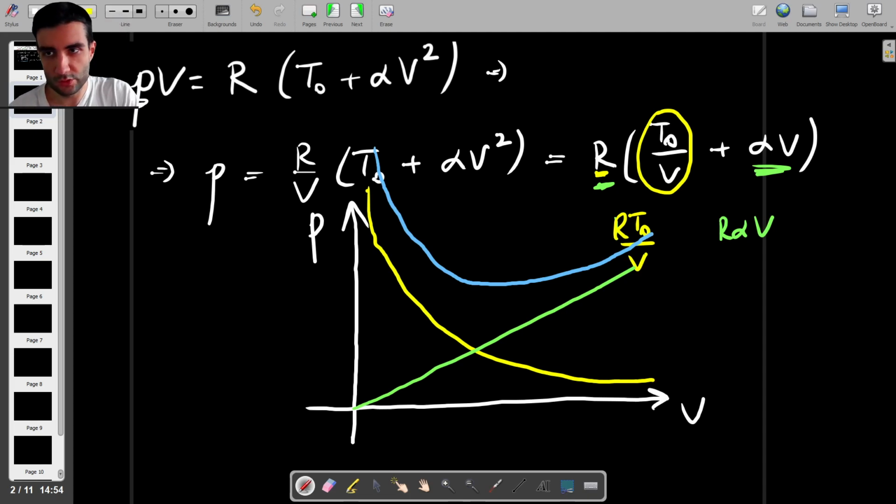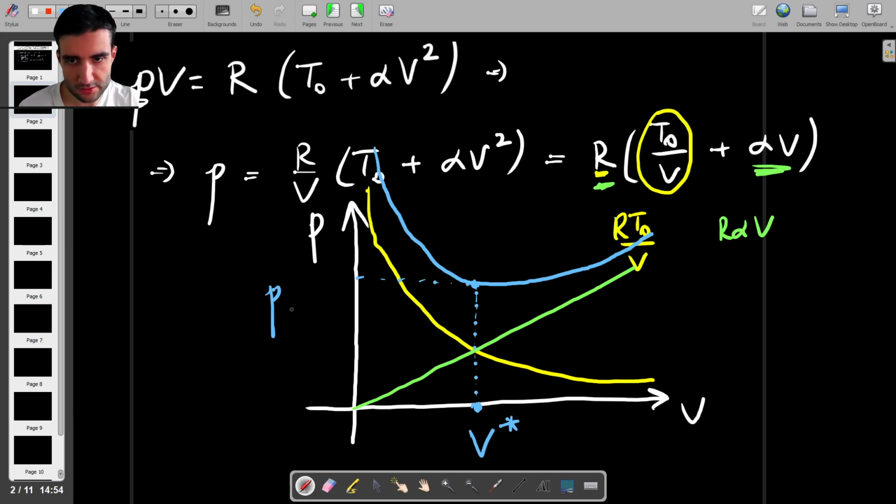What we will show is that the minimum, it's not too obvious in this drawing, will occur when those two functions are actually equal to each other. So that corresponds to our, let's call it V star, and this is going to be our minimum pressure. And this is what the problem wants us to find mathematically.